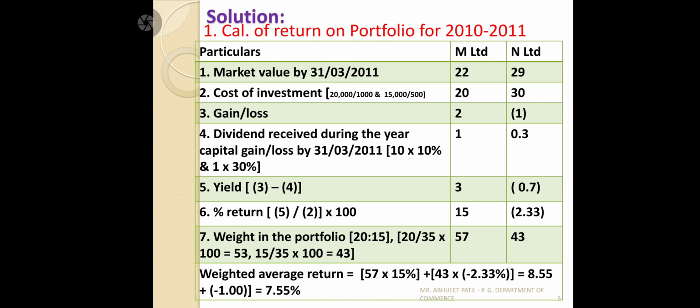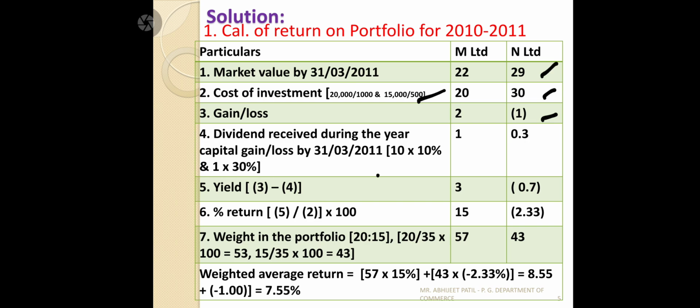Now, market value minus cost of investment per share gives either a gain or a loss. 22 minus 20 is 2 rupees gain, because the market value is 22 and the cost was 20. In the case of N, the market value is 29 but the cost of investment is 30, so we get a negative value, which is a loss for N Limited. M Limited gets 2 rupees as a gain.